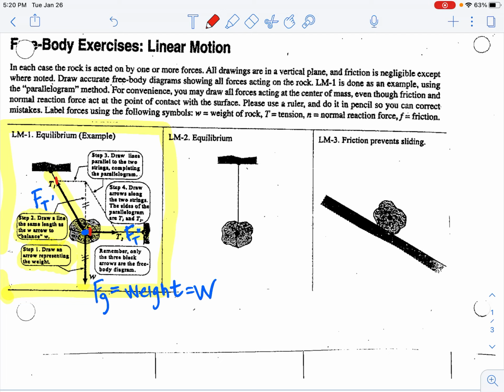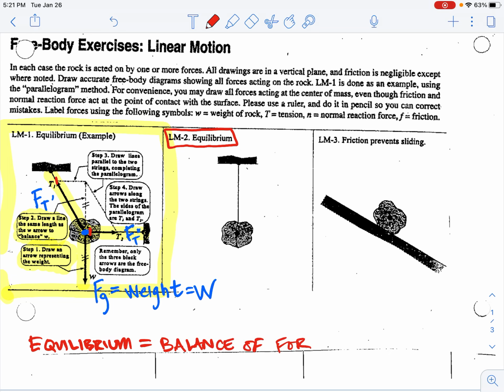Okay, so if we move to this one here, in this example it says it's in equilibrium. So let's define what that means. Equilibrium indicates that there's a balance of forces all together.